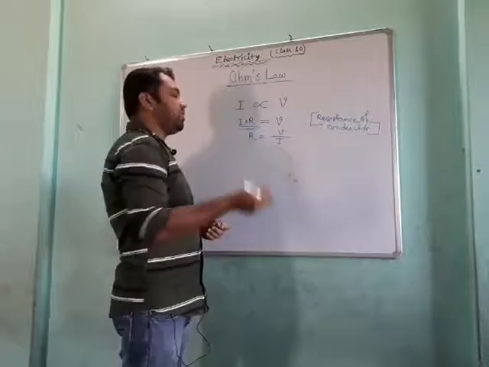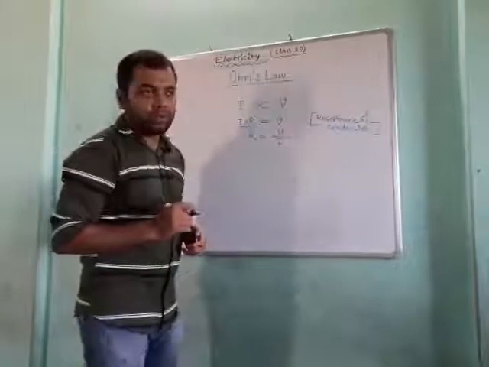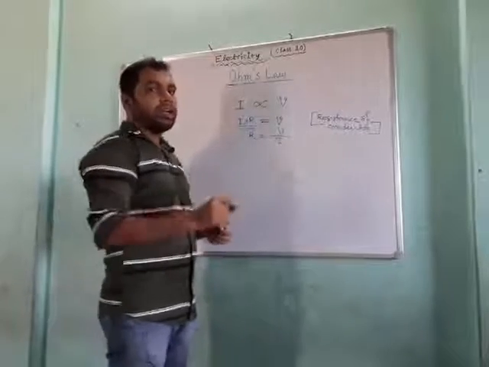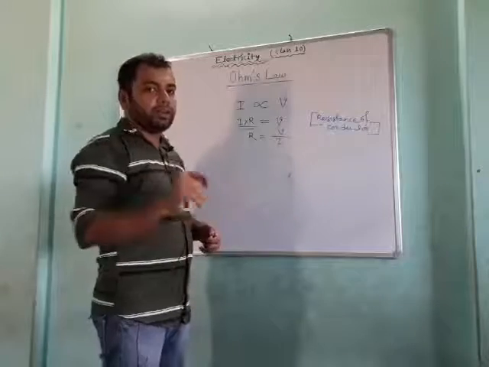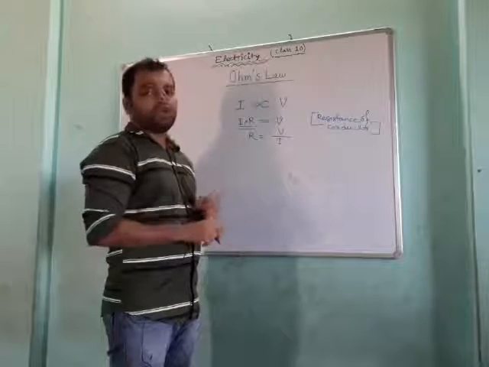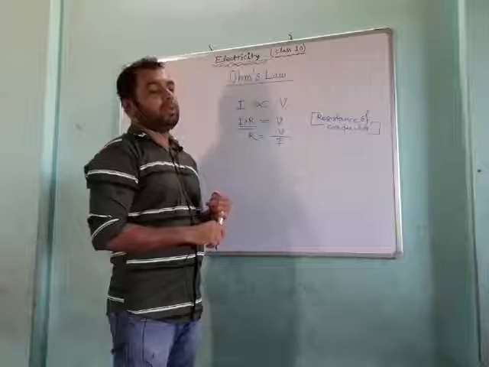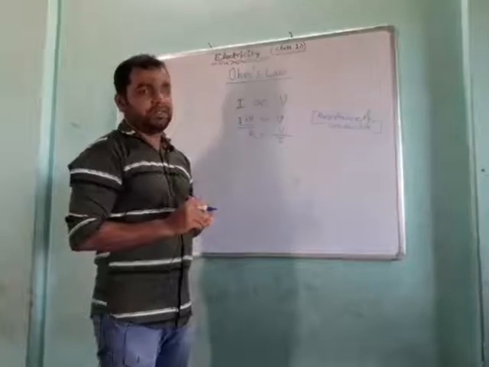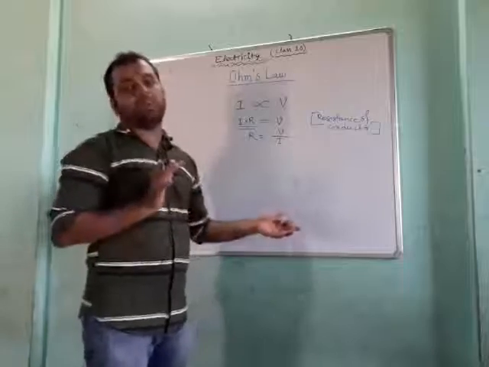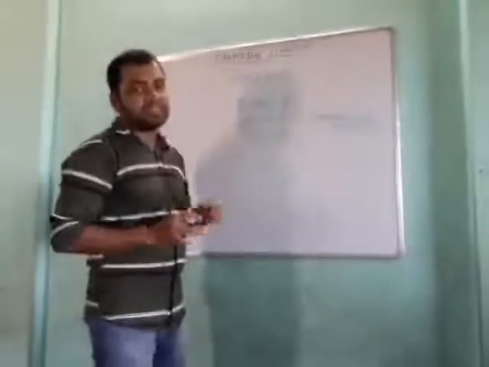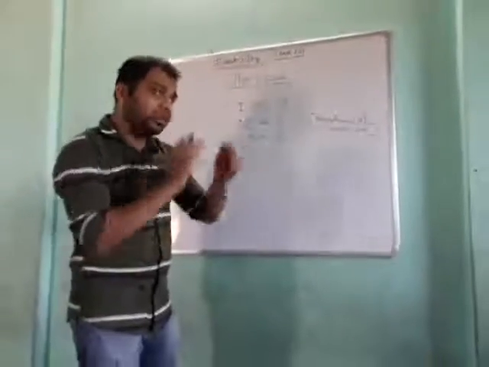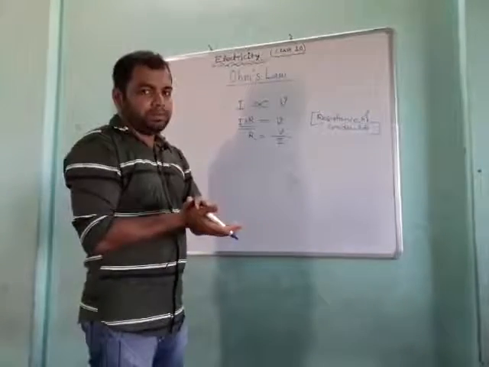It does not depend on the potential difference, it does not depend on the current, it only depends on the conductor which we are using. The good conductor will always have less resistance and the bad conductors have a greater amount of resistance, because resistance always tries to stop or reduce the value of current.